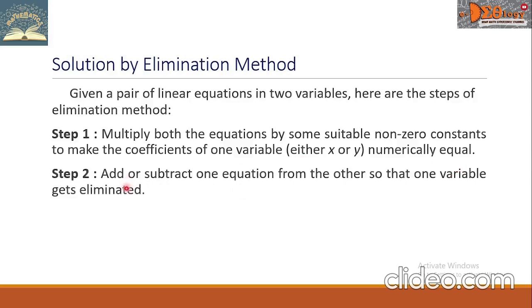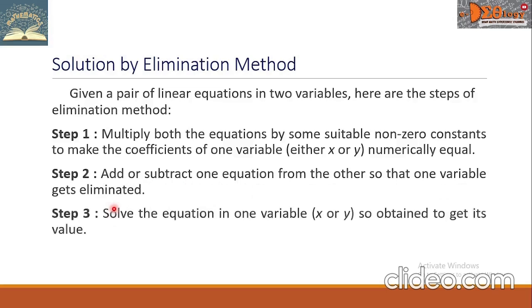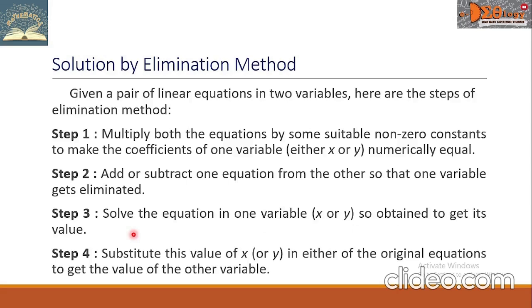Step 2. Add or subtract one equation from the other so that one variable gets eliminated. Step 3. Solve the equation in one variable, x or y, so obtained, to get its value. Step 4. Substitute this value of x or y in either of the original equations to get the value of the other variable.